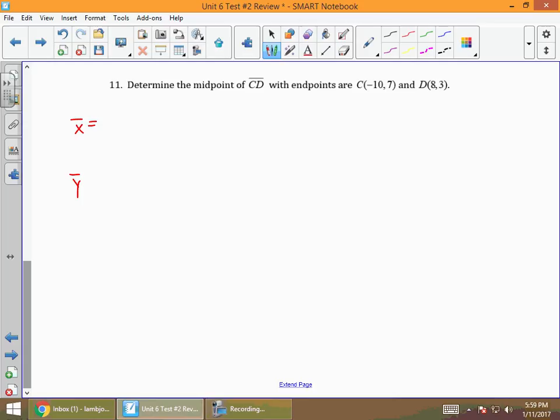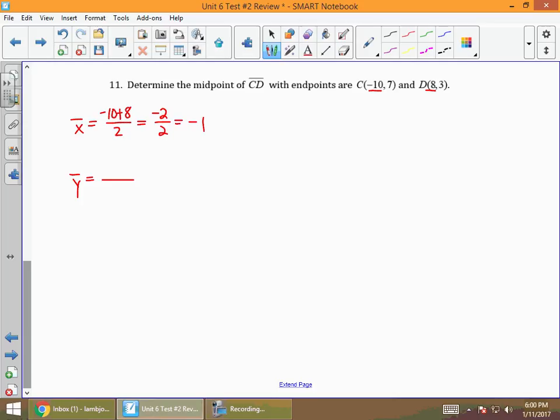Well, there are only 2 x values, so I have to add them up and divide by 2. My 2 x values are -10 and +8. -10 plus +8 is -2. I divide it by 2, which is -1.